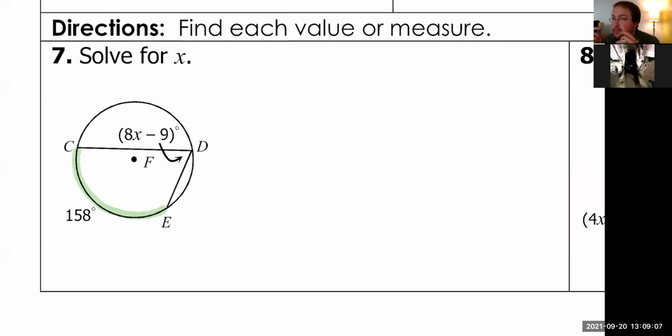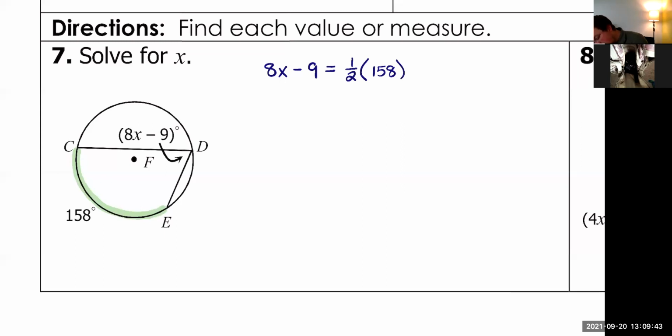The arc is part of the 360, but the angle has its own relationship with that arc apart from 360. If you recall, up above, we said that the inscribed angle equals half the measure of the intercepted arc. My inscribed angle right now is 8x minus 9, and that's going to equal 1/2 of my intercepted arc, which is 158 degrees.